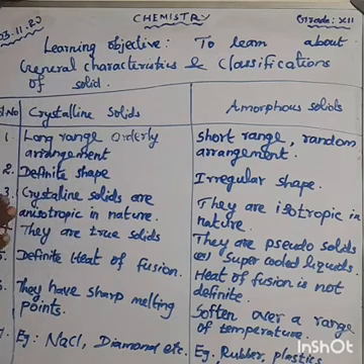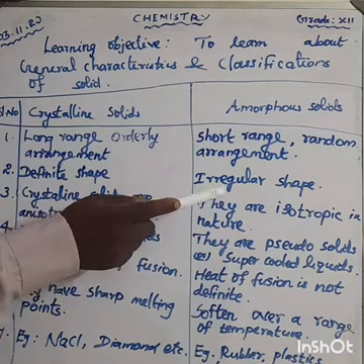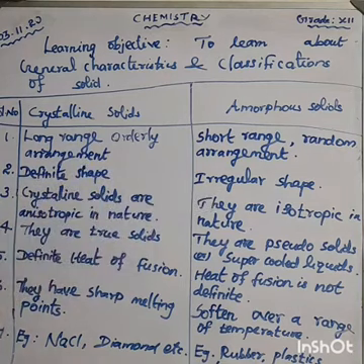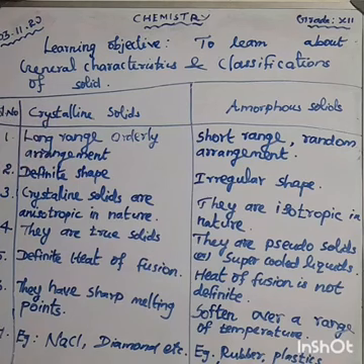Amorphous solids are isotropic. Iso means uniformity in all directions.